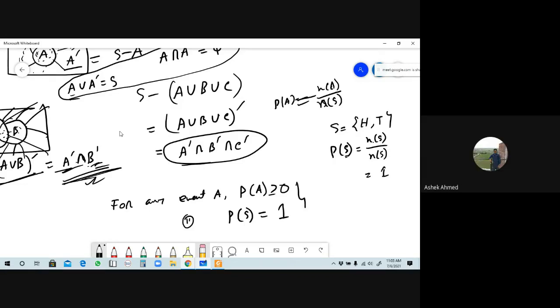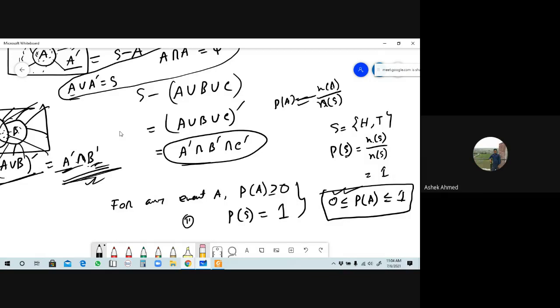By using the two cases we can say that for any event A, the value will be 0 less than or equal to probability of A less than or equal to 1. This is the range for finding the probability of any event A. Whatever event you find a probability for, that probability must satisfy this range.